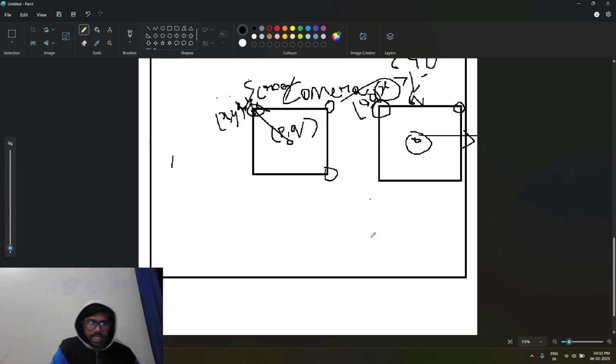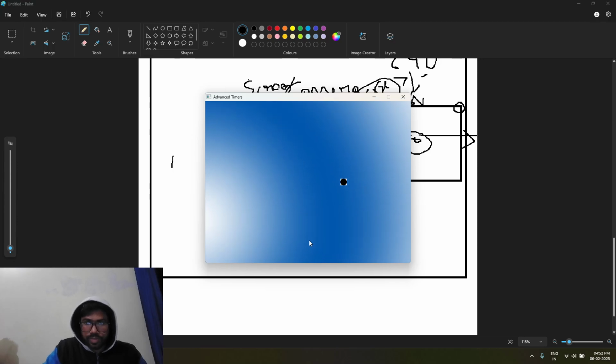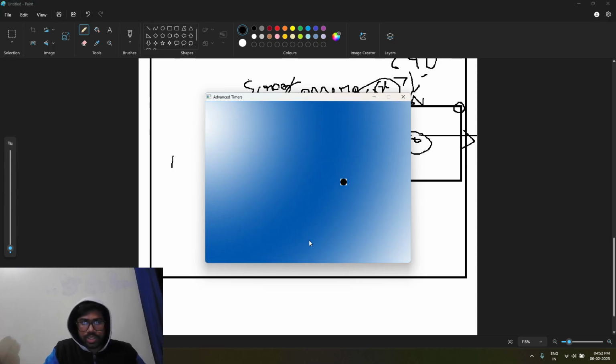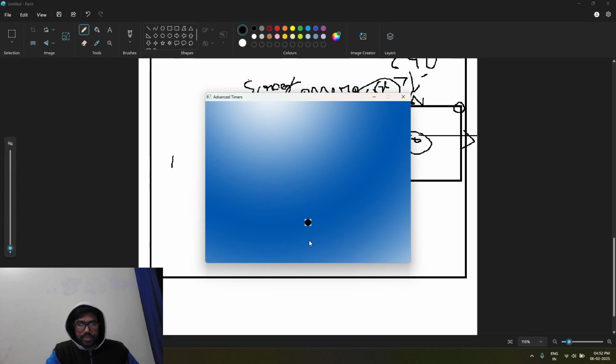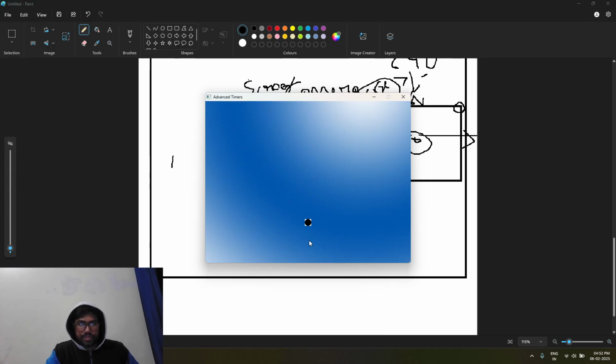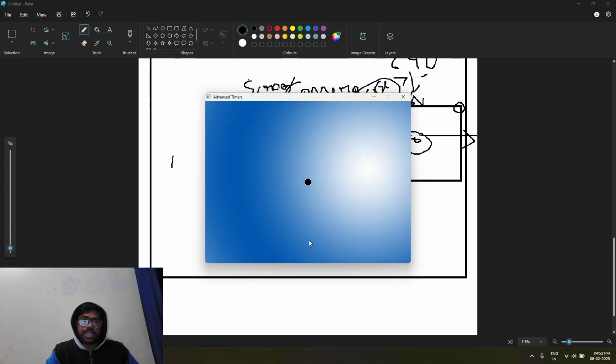Okay, I got it. Then the centering and all. Okay, X and Y are individually centered.